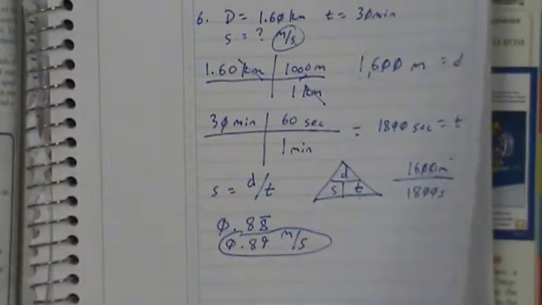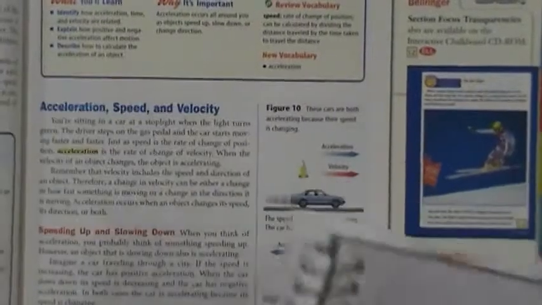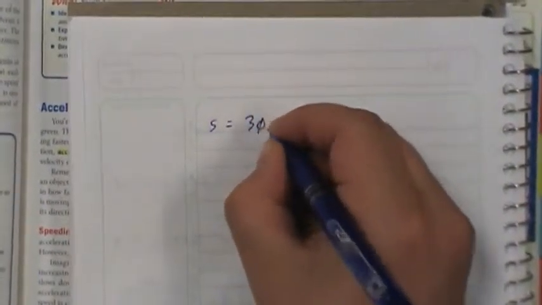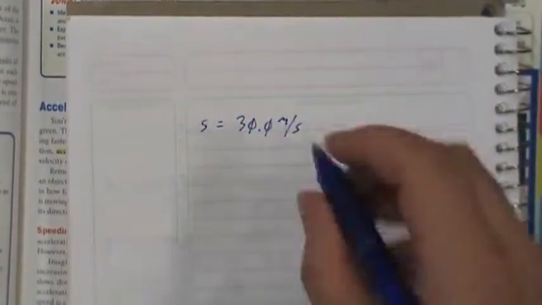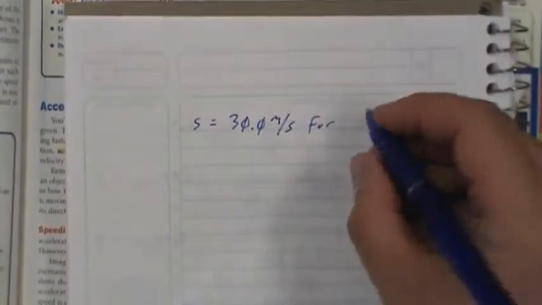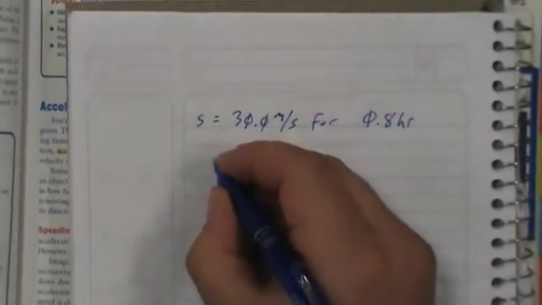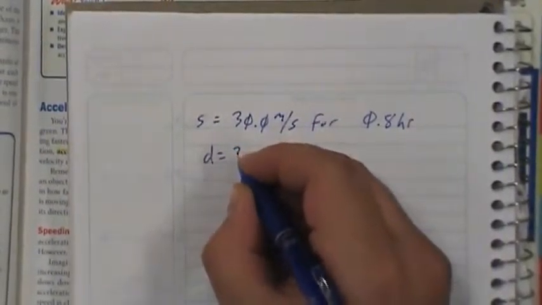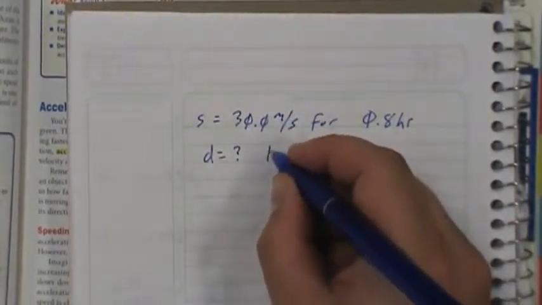Alright, number 7 says a car travels at a constant speed of 30 meters per second for a time of 0.8 hours. Find the total distance traveled, so we're solving for d, in kilometers.